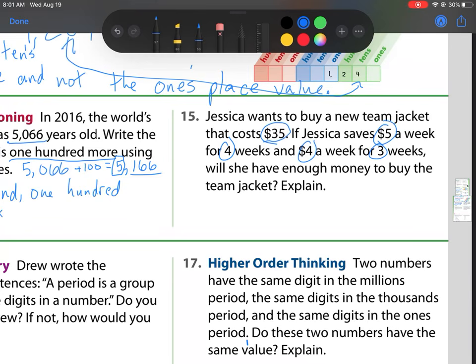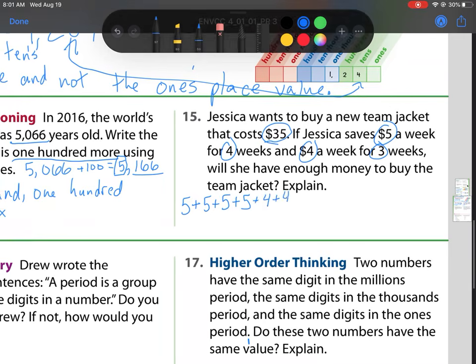So she's saving $5 for 4 weeks, so that would be week 1 plus week 2 plus week 3 plus week 4. So there's my 4 weeks, $5. And then she saves $4 a week for 3 weeks. So that's 3 weeks, $4: week 1, week 2, week 3. Does she have enough? Well, let's check.